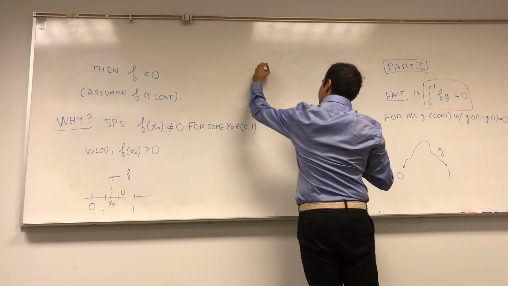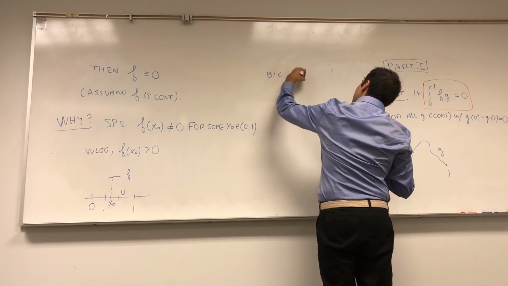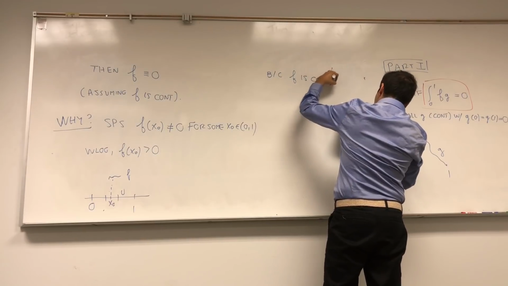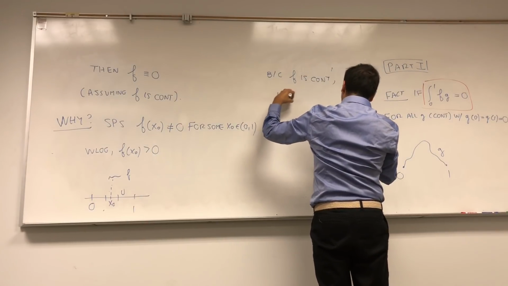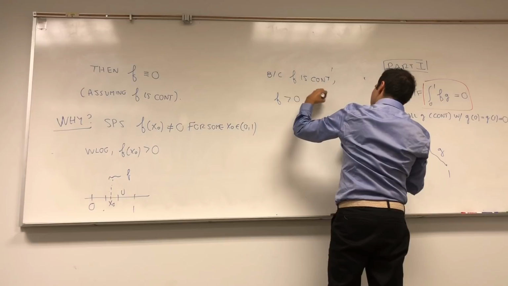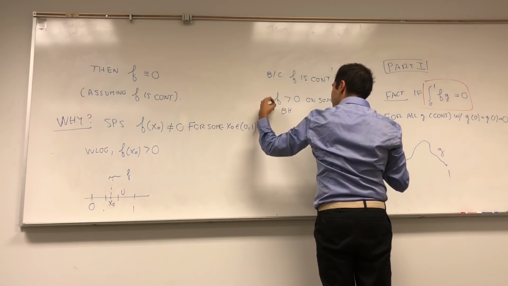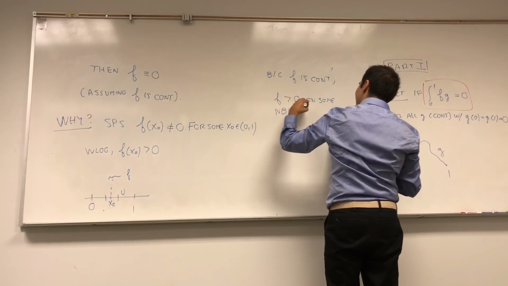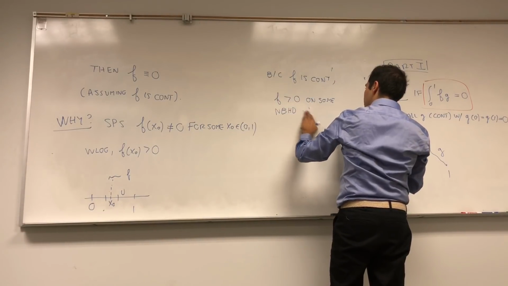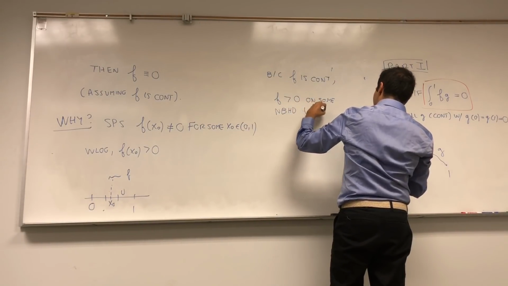So because f is continuous, f is positive on some neighborhood (NBHD) U of x naught.